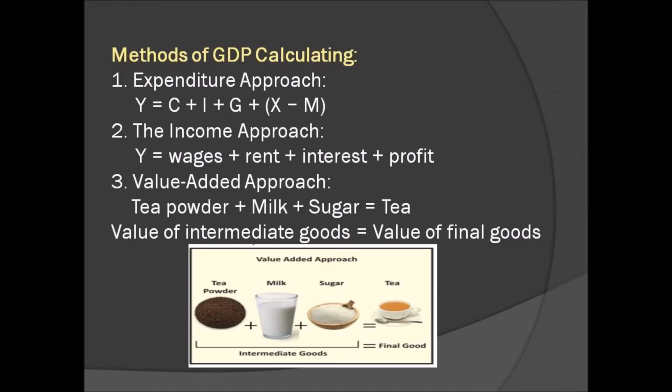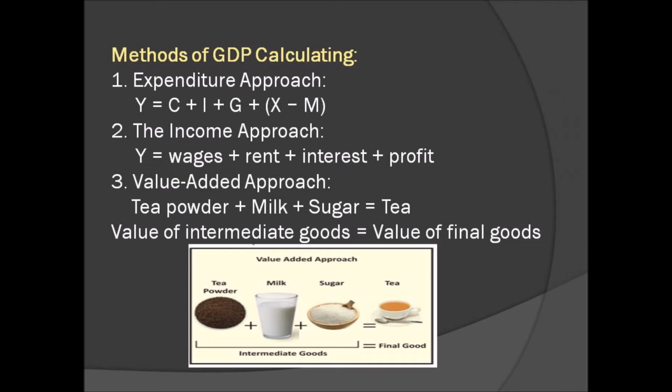Methods of calculating GDP. First one is the expenditure approach. In this method, the GDP is measured by adding the expenditure of all the final goods and services produced in the country during a specified period. Expenditure means the act of spending money.